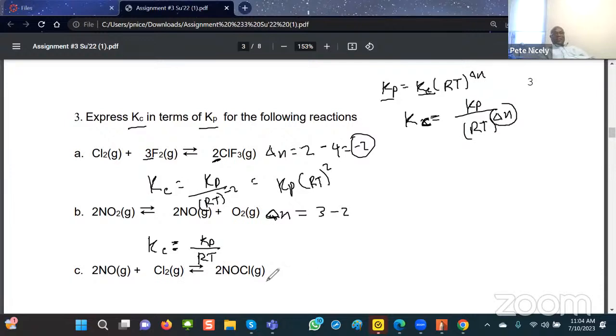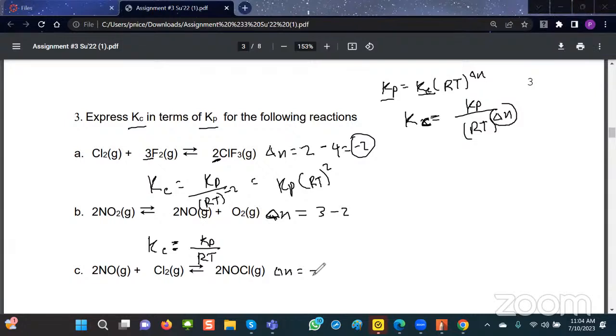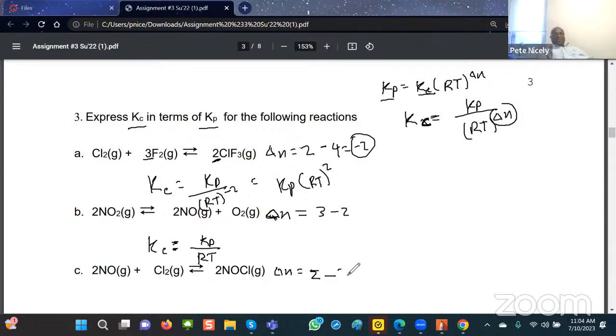Okay, very good. What about C? What is delta N equal to in this case? -1. -1, because it would be equal to 2 minus 3. So therefore, Kc would be equal to what?